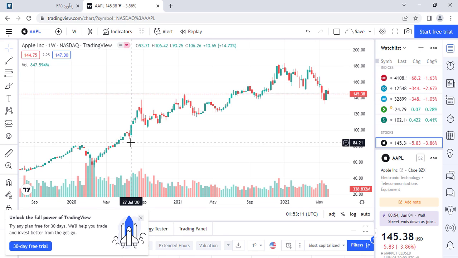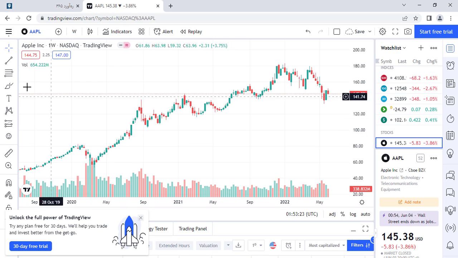We have an increasing price, like an upward trend, in these candles. This is not a trend. I mean, the price increases in themselves.